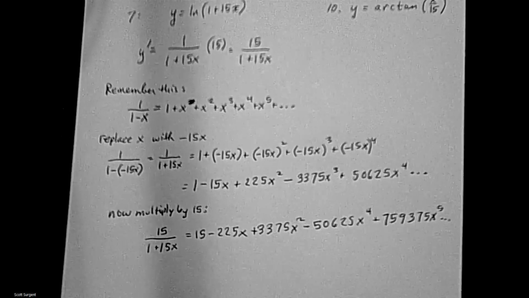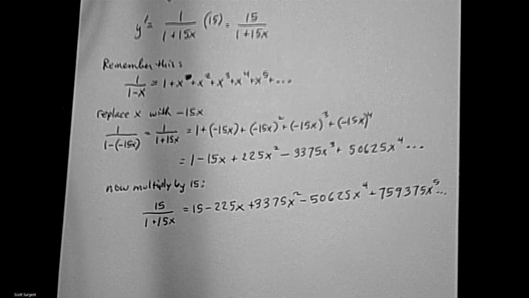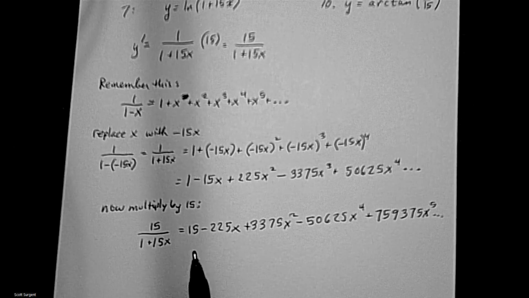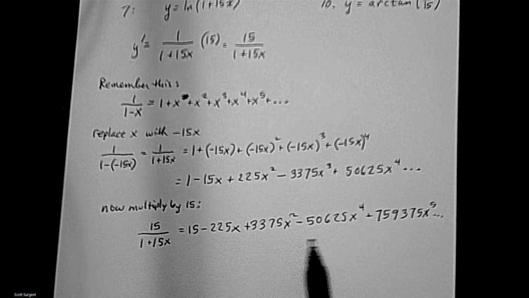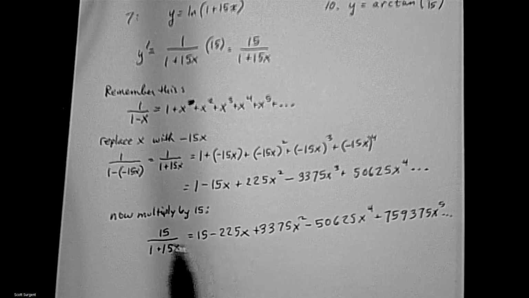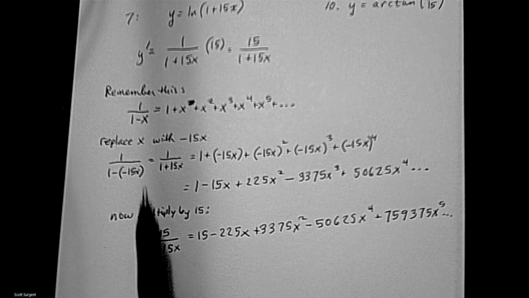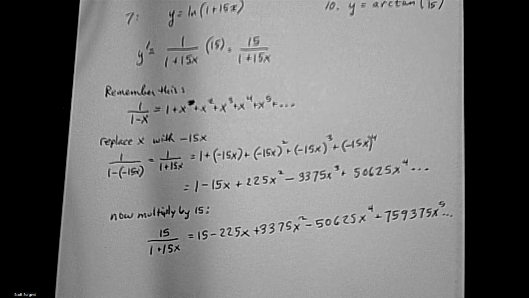Okay. Now, that's the power series for this function here, this crazy looking thing. What I want to do now is anti-differentiate to get me back up to the original.